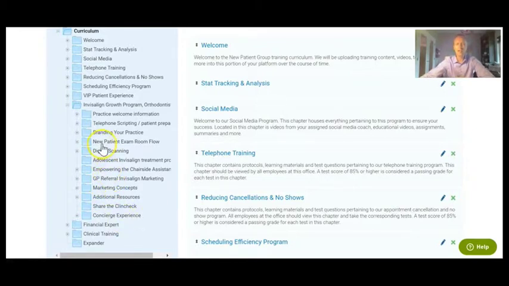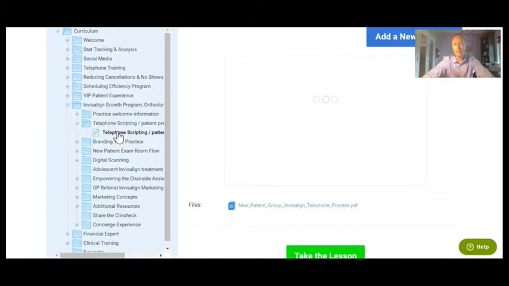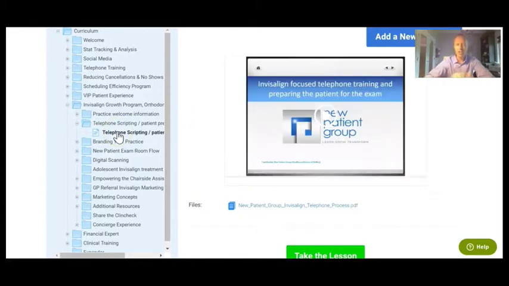But a few of the places that I'd have you jump into, first off, is this telephone scripting and patient recommendation and patient preparation. If you want to build Invisalign proactively into your business, you need to help educate your consumers, your would-be patients, prior to their visit to your practice.